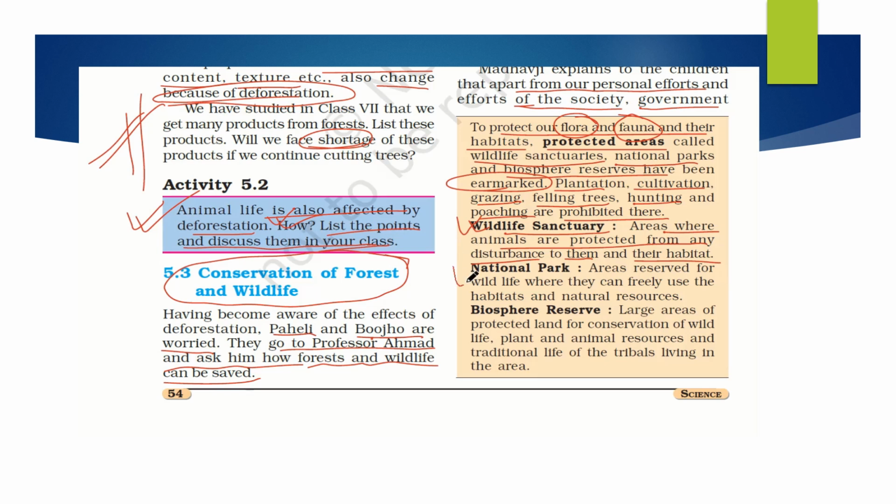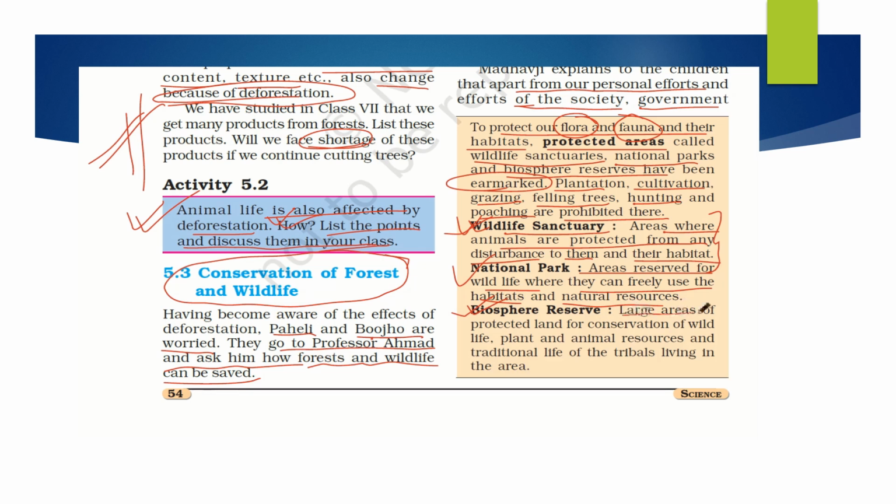Then comes the national park: areas reserved for wildlife where they can freely use habitats and natural resources. So national parks and wildlife sanctuaries are almost similar. What is a biosphere reserve?